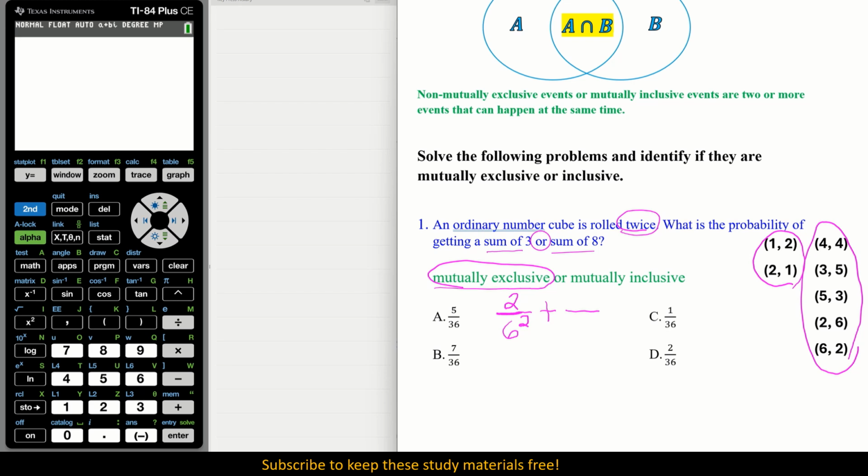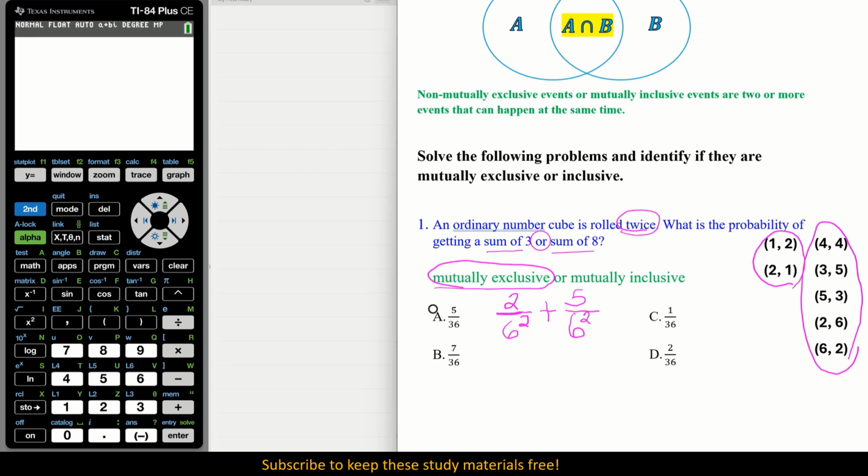When we look at summing to 8, that's still 6 squared, and we have 5 combinations. Again, we're asking about what combinations out of the total outcomes. You have to think of it that way.